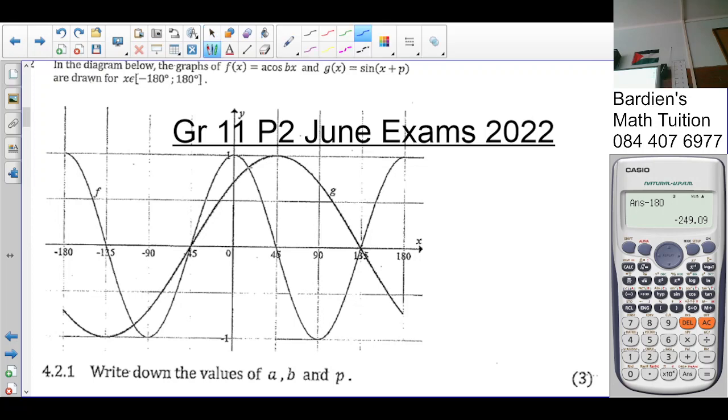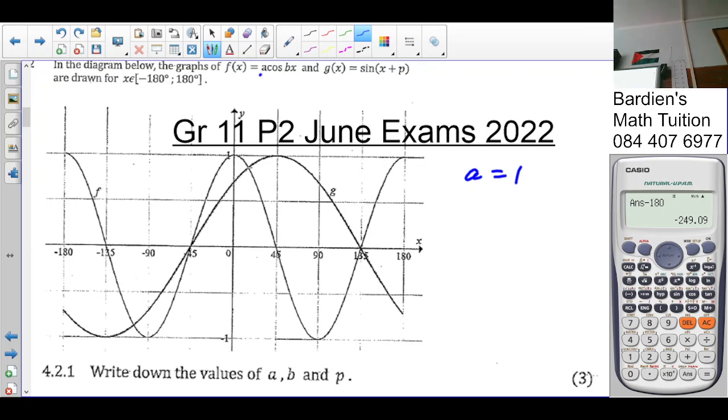So you're looking at the value of a. A is the amplitude of the graph. The graph of f, in this case, is going to be a fixed amplitude. So that is from 1 to 0. Your maximum is 1, your neutral point is 0. So your a value is going to be 1.